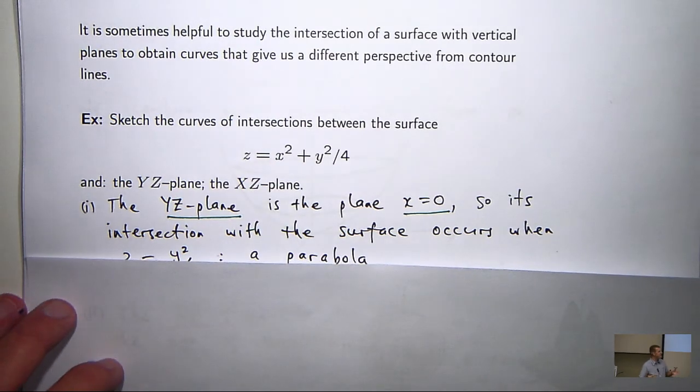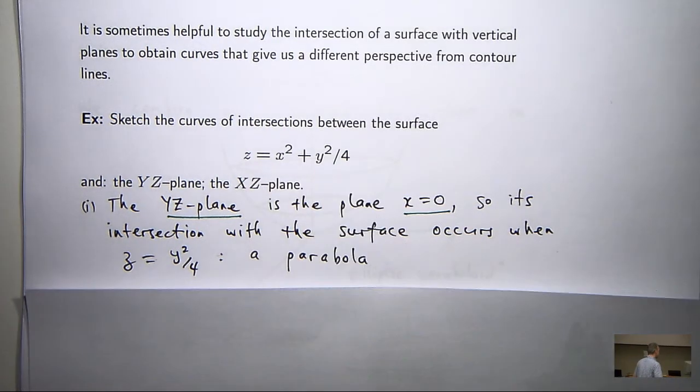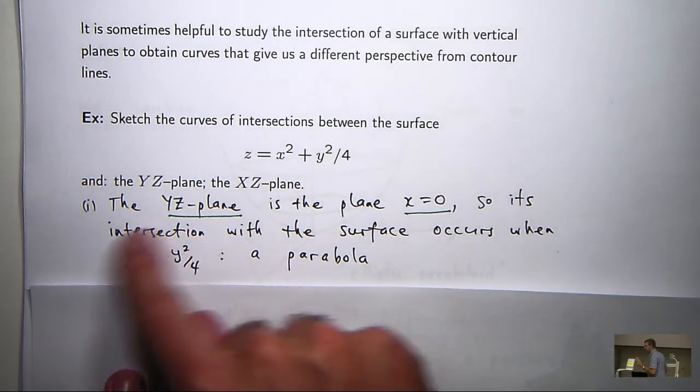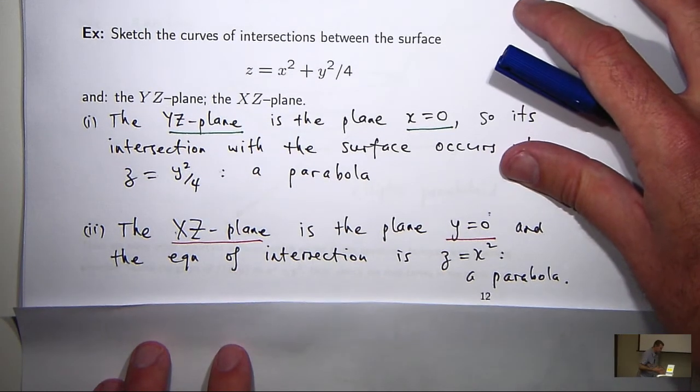And for the XZ plane, you're going to let y equals 0 in here and look at the corresponding curve, right? Okay, nothing too difficult with this. We recognise that this is a parabola, and the other equation of intersection will also be a parabola.